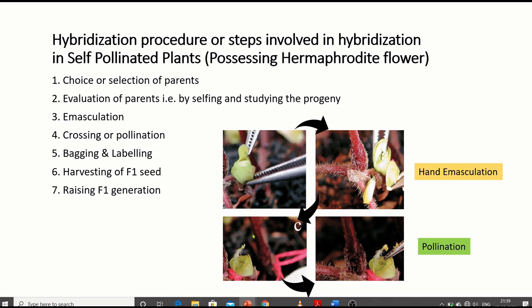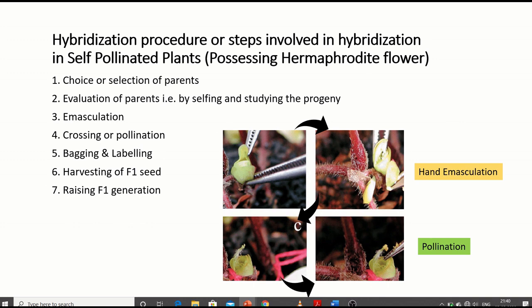This portion will start withering, the moisture content inside it will get exhausted, and it may die. Because of that, in order to avoid this, we do emasculation in the evening and pollination in the next morning. So crossing or pollination is done usually at 6 o'clock to 9 o'clock in the morning.